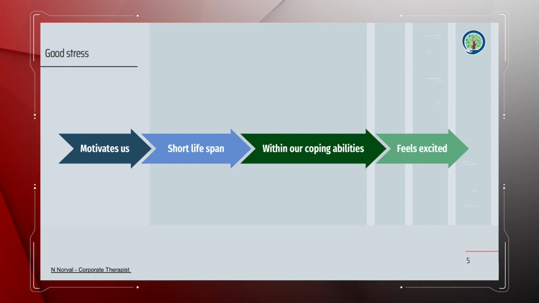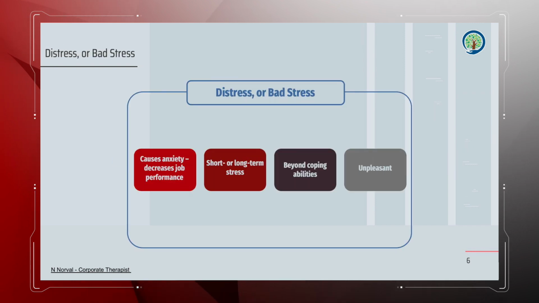You feel excited and energized at the same time. Now, this is when it's bad stress or distress. When you feel really anxious, then your creativity drops. It can be short-term or long-term stress. It can be beyond your coping abilities, and it's rather unpleasant. So let's look at the next illustration.